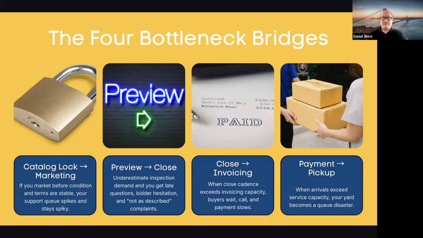You're going to spend a lot of money promoting an auction where people arrive, they don't see what they should be seeing. And it causes a lot of unnecessary uncertainty for the bidders.